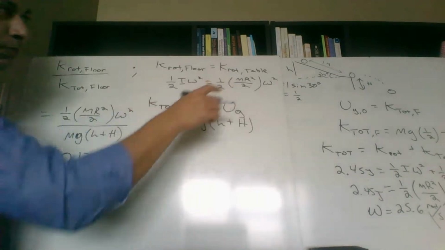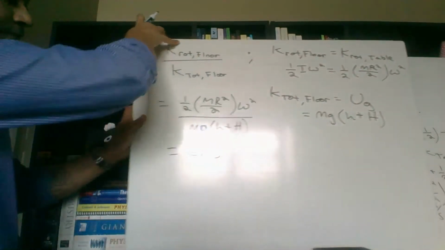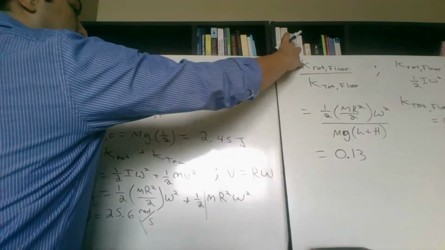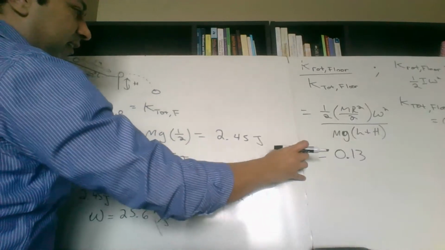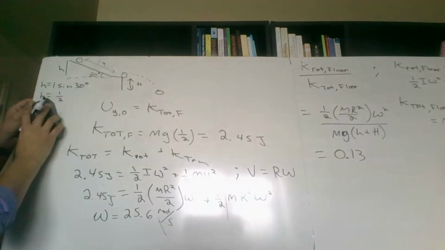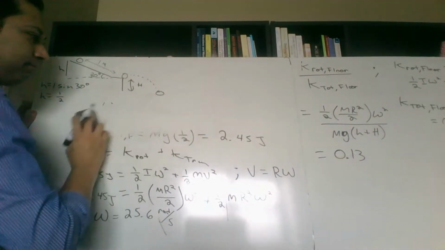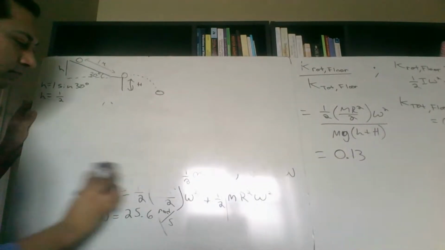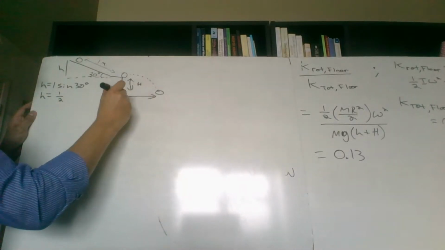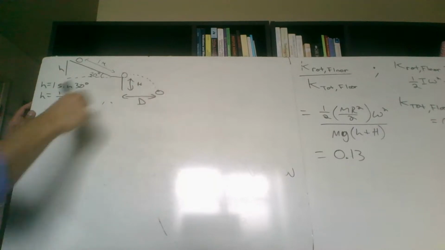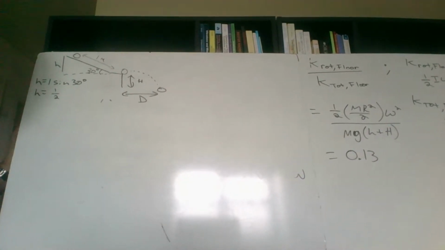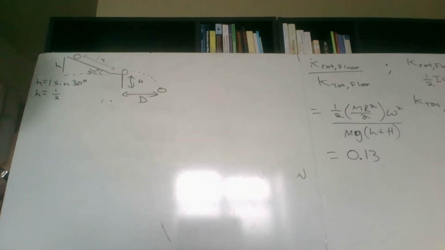How far will this ball hit the table? Is the next question. It's question D. So from here to here is D. They want to know how far it's going to go when it hits the bottom.